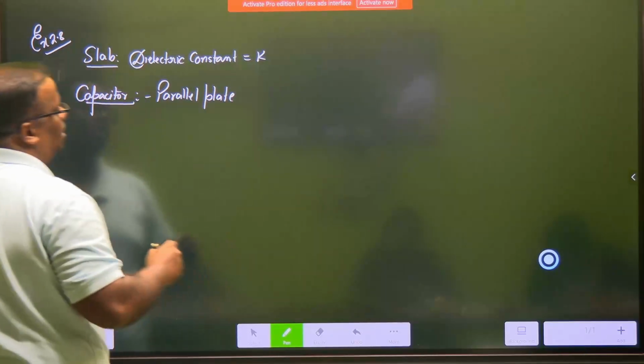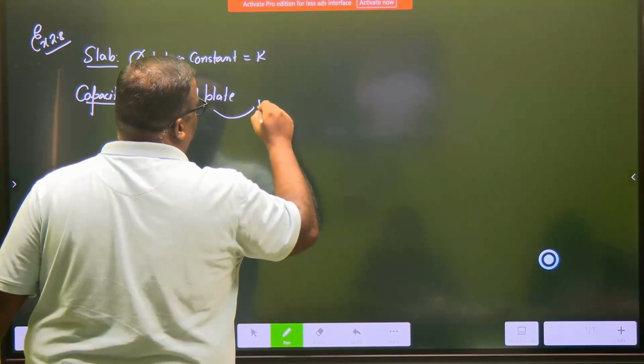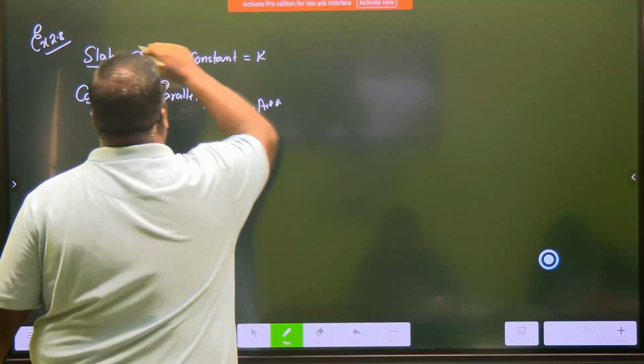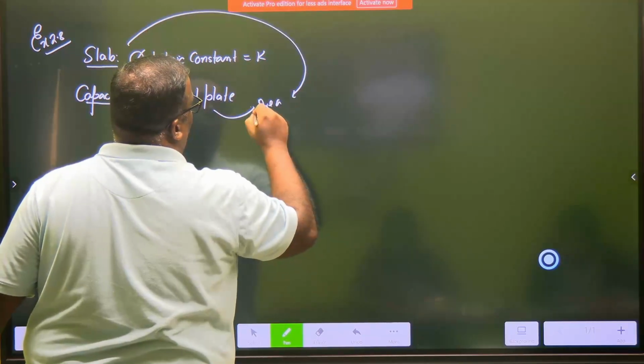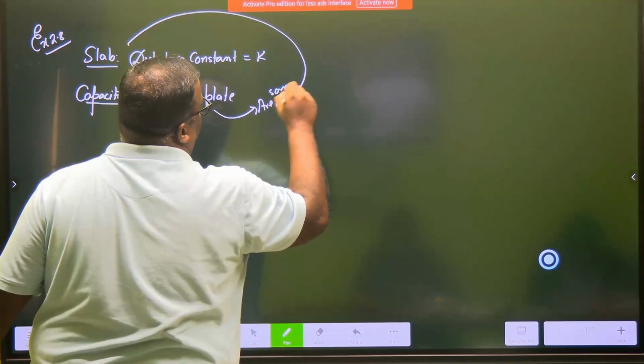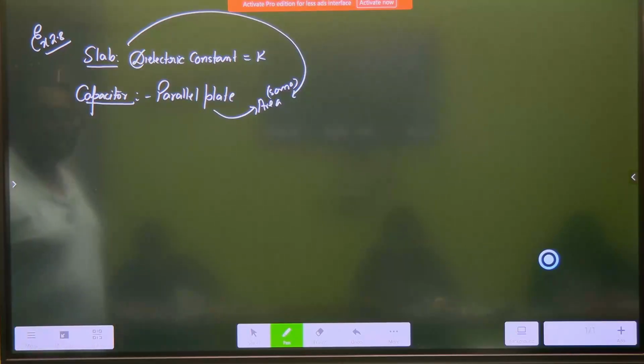Parallel plate, and this plate area and the area of this slab both are the same.